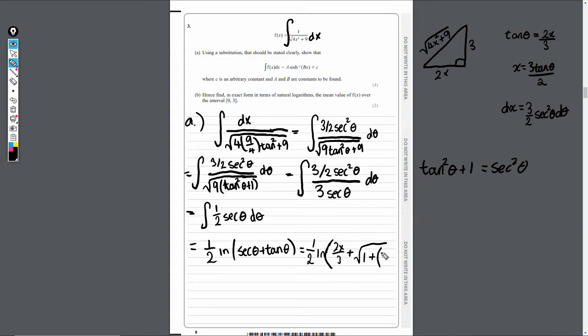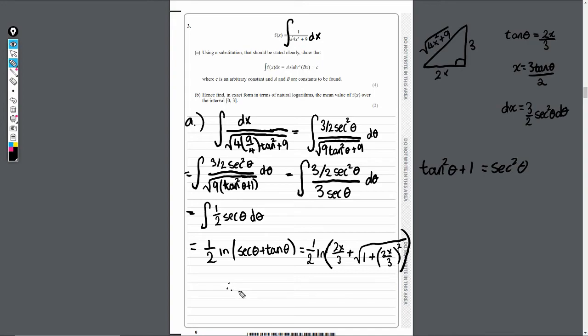So I'll write it all down. 2x over 3 all squared, like so. Okay, so we'll hopefully just get there with enough room. But this now is in the appropriate form for hyperbolic sine inverse. If you look in your formula book, you'll see that this is exactly in the form that we need. So just writing that out as it is now.